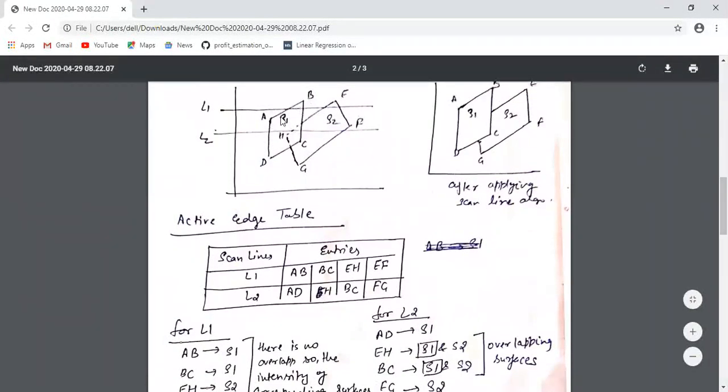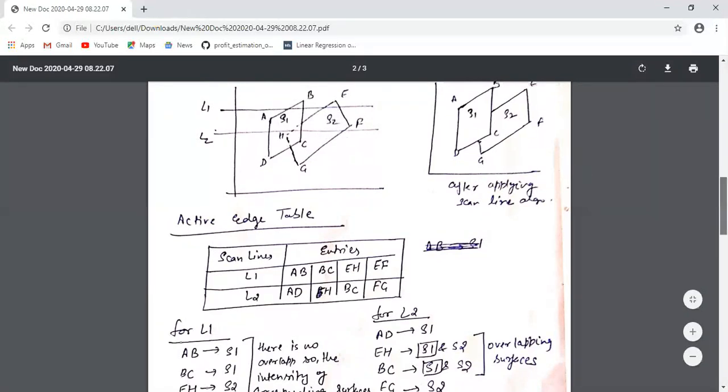For L1, AB is belonging to S1, surface 1. BC, for L1, is belonging to S1, not for L2. For L1, EH is belonging to S2, and for L1, EF is belonging to S2.